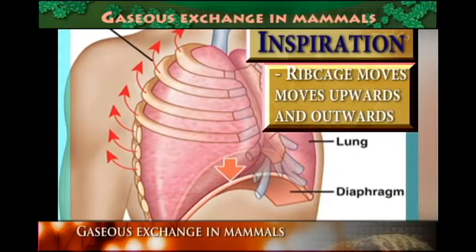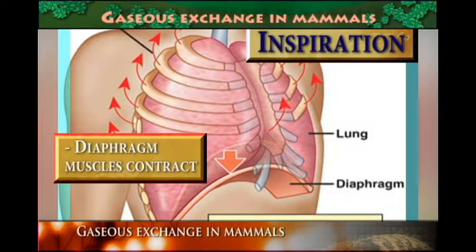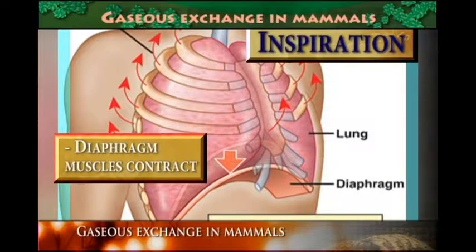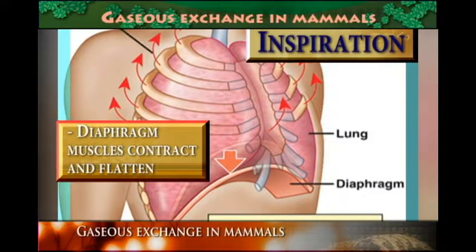In the process of moving upwards and outwards, the diaphragm muscles, which are like this, will contract. And when they contract, the diaphragm muscles are going to get flattened, and the diaphragm is going to lose its dome-shaped structure into a flat structure.